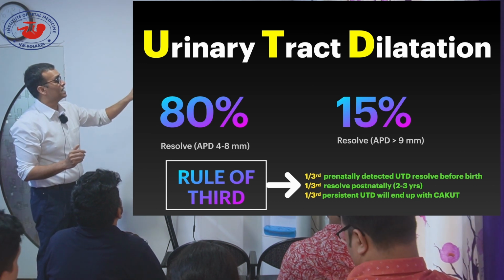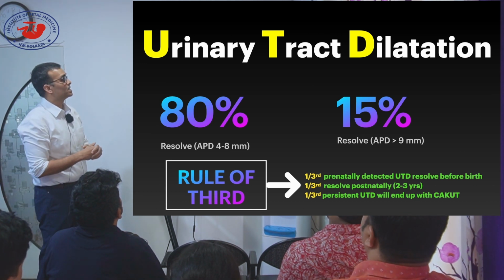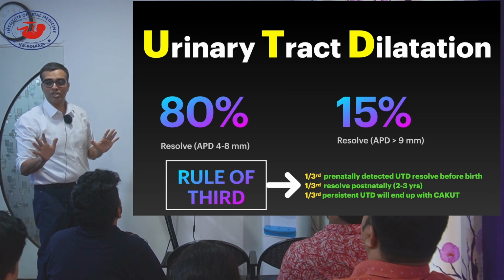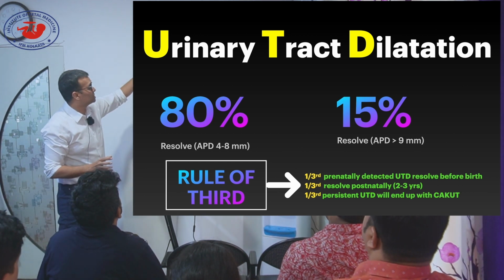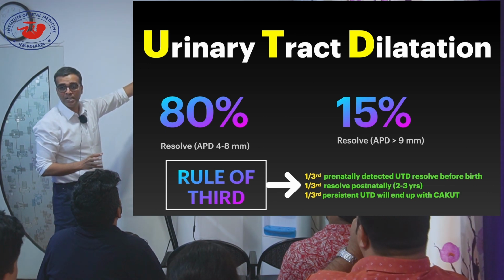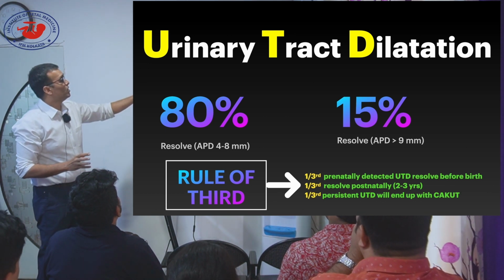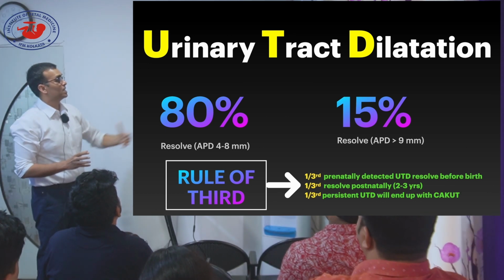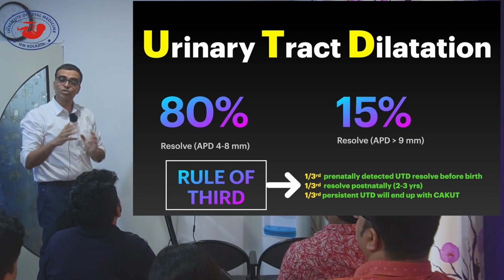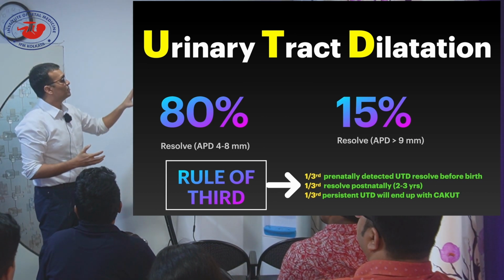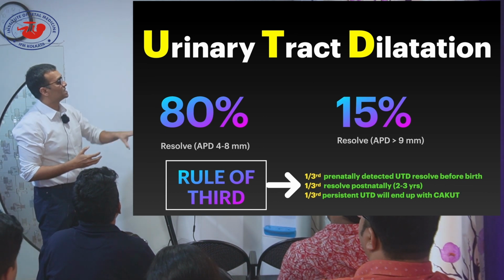One third of prenatally detected urinary tract dilatation will resolve before birth. One third. But these one third, most likely they are in this category of mild. One third resolve postnatally, in 2 to 3 years. So there is still hope that postnatally also resolution takes place. And one third persist.